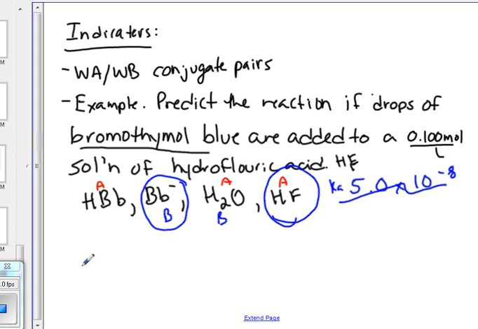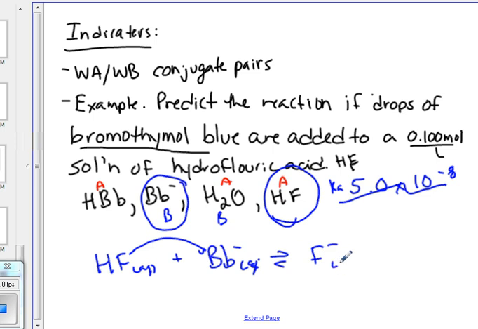Now if we write out our net reaction, we have HF, aqueous, plus the bromothymol blue ion, and they'll react to produce, so we'll transfer an H plus from the acid to base. So we're going to be left with fluoride ions and bromothymol blue acid.